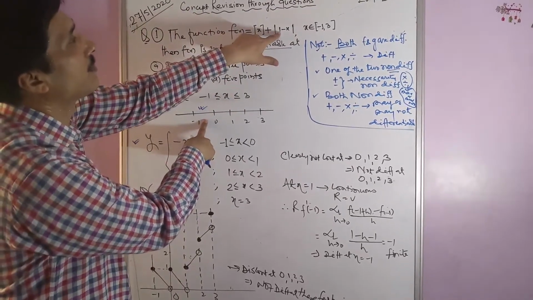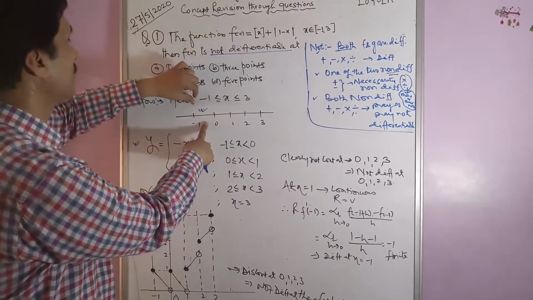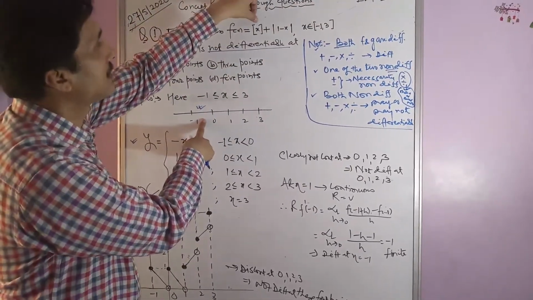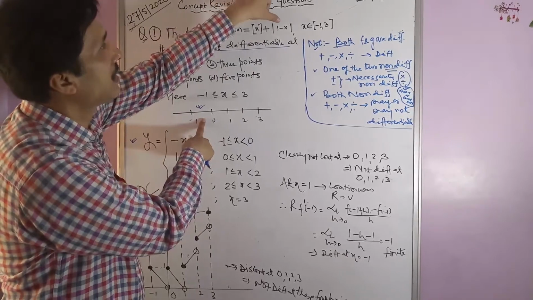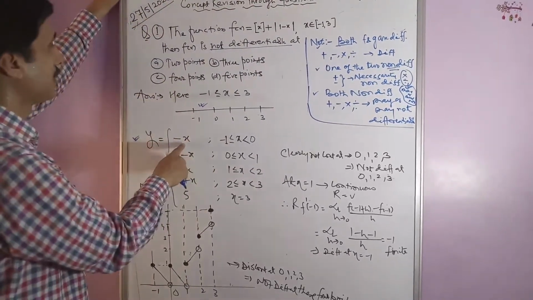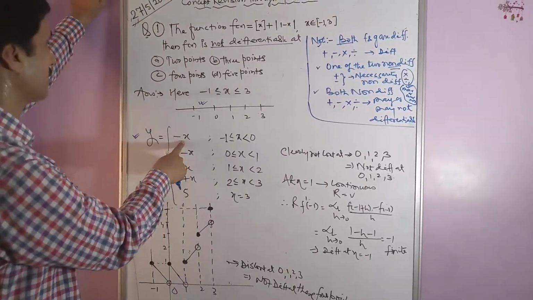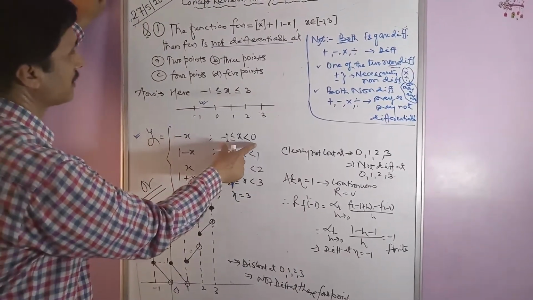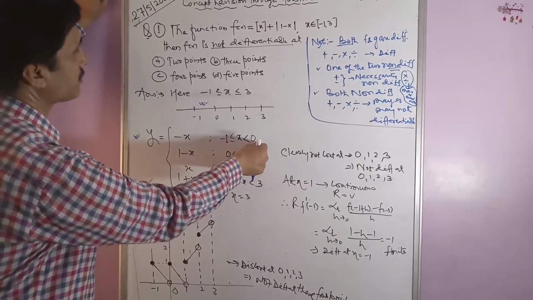So in place of this we write -1 and in place of the modulus 1 minus x. After cancelling 1 and -1, y equals -1 in the case of -1 to 0.